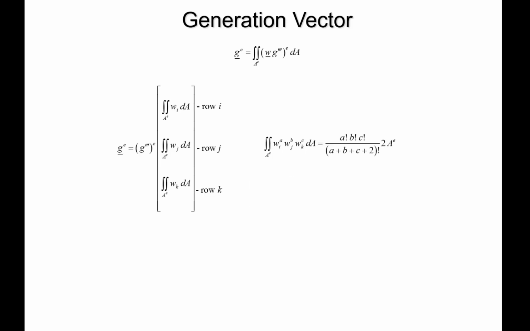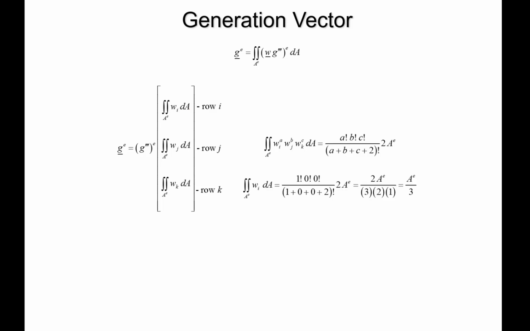As shown here. We know how to do these area integrals of interpolating functions. Here's the rule. If we apply this rule to these three integrals, we see that this is the specific case where a is 1 and b and c are 0.